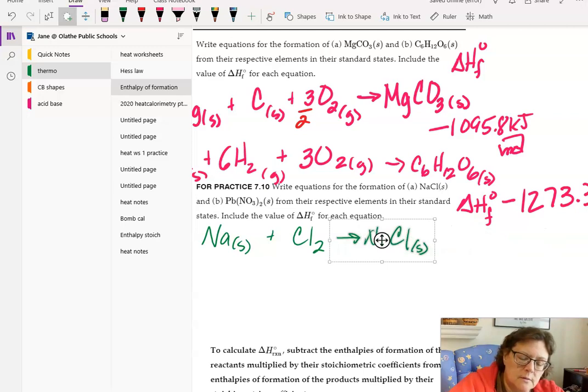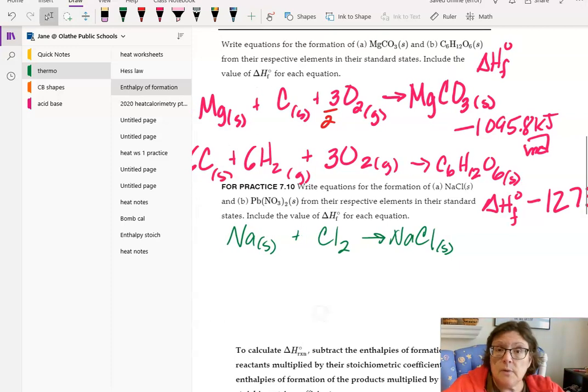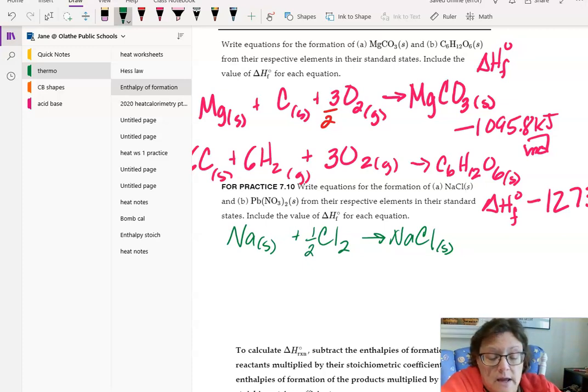There, now it's not taking up so much space. We only have one chlorine, so we're going to write this. Normally we would balance this and have 2 sodiums and make 2 sodium chlorides, but instead we're going to say 1/2 of that chlorine. So we'll have 1 sodium, 1 chlorine, making sodium chloride.